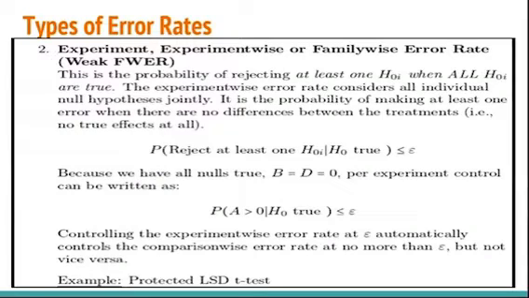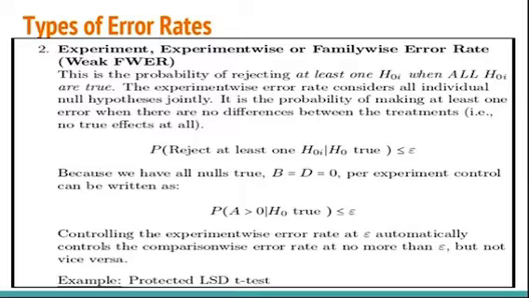Now we have what we call family-wise error rates. Why do we call it that? What is a family? This is a family. This is another family. This is another family. Each pair that you are comparing represents a family, and each family has its own error rate.